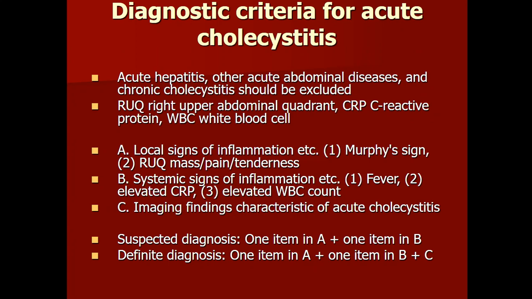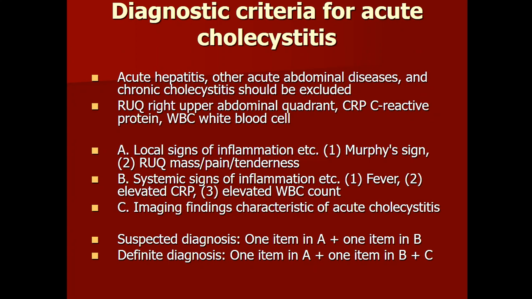And B. Systemic signs of inflammation. That could be fever, elevated CRP, elevated white blood cell count. And C would be imaging findings characteristic of acute cholecystitis.